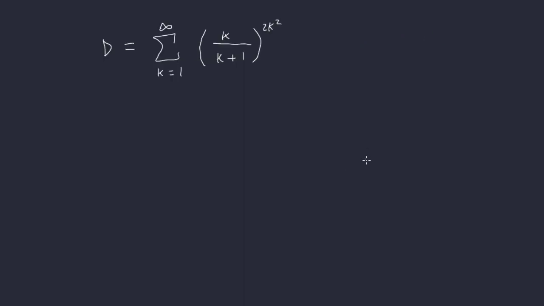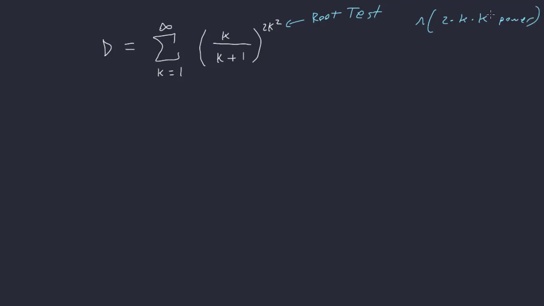Okay, so let's do another one like that. Let's say I'm looking at the series k going from 1 to infinity of k over k plus 1, raised to the 2k squared. So once again, this makes me want to use the root test. And it's going to be a similar thing because this is really to the 2 times k power.